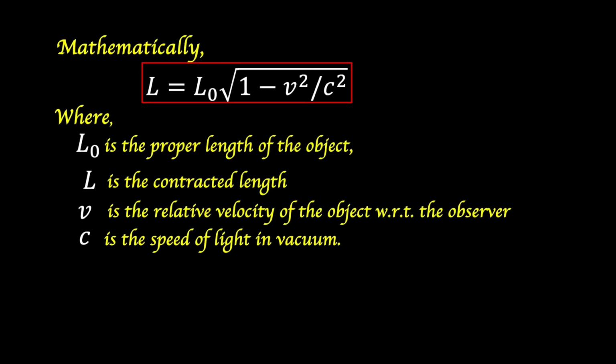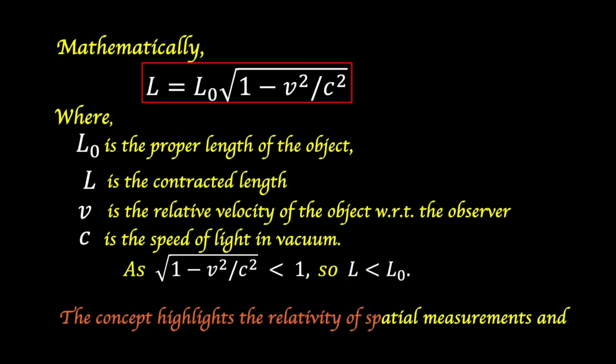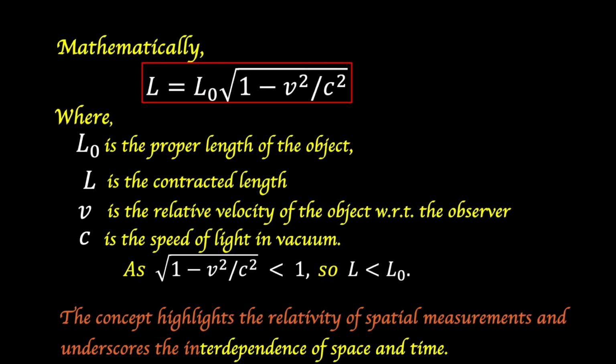As the quantity square root of 1 minus v square over c square is always less than 1, L is always less than L0, that is, the length appears to be contracted. The concept highlights the relativity of spatial measurements and underscores the interdependence of space and time.